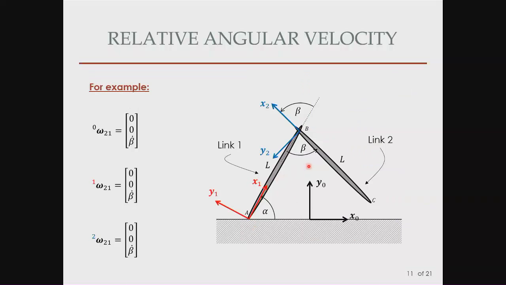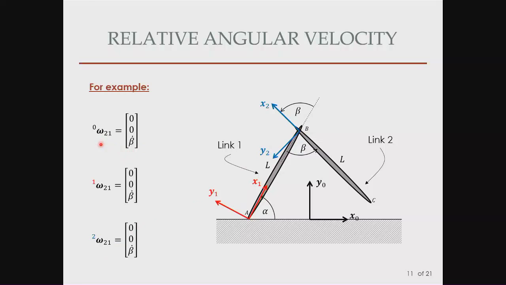All the examples from the morning. Now here we have two bodies, link 1 and link 2, and the question is to define the angular velocity of link 2 relative to link 1. So this is omega 2, 1 in all of these cases. I wanted to show you that this relative angular velocity could be expressed in any frame you want. What is this vector omega 2 relative to 1?